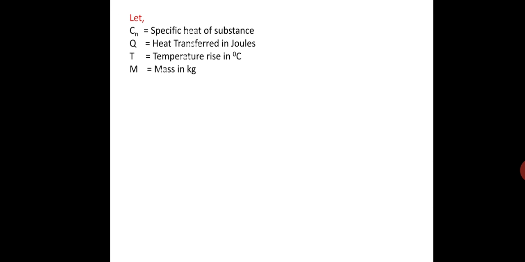Let Cn be the specific heat of a substance, capital Q the heat transferred in joules, delta T the temperature rise in degree centigrade, and m the mass in kg. Then Cn equals Q upon m delta T, in joule per kg degree centigrade. Denote this as equation 1. Also, Q equals m Cn delta T. Denote this as equation number 2.